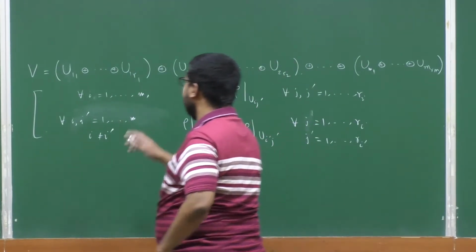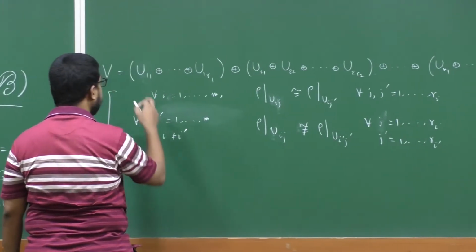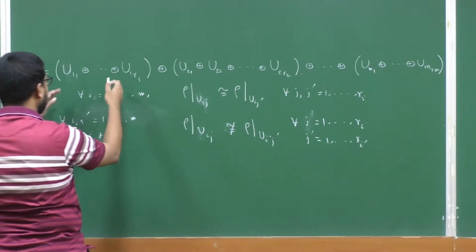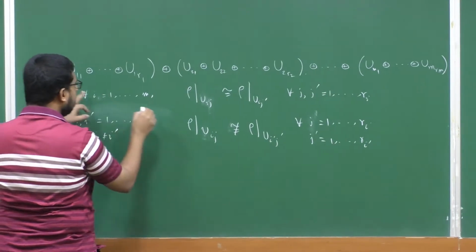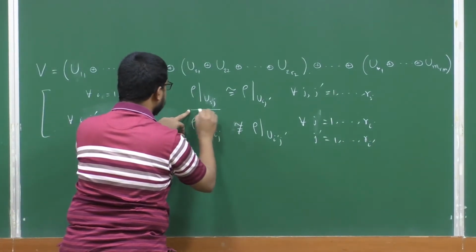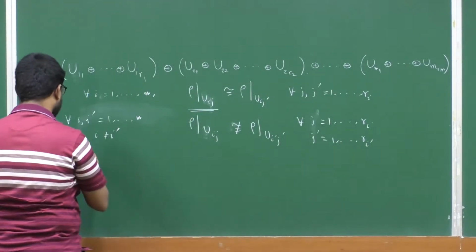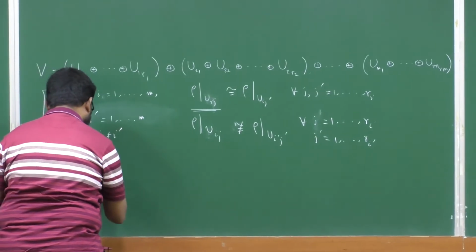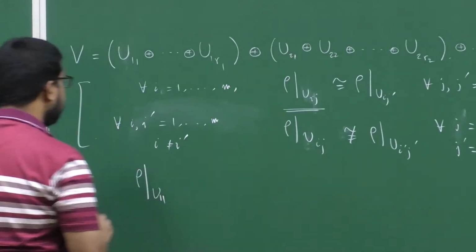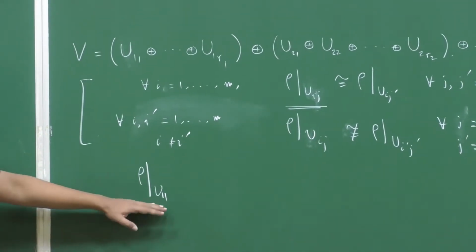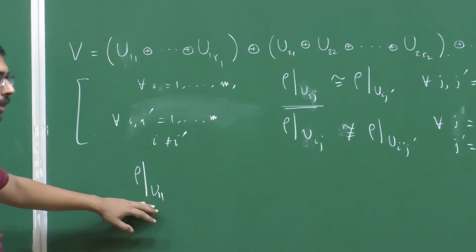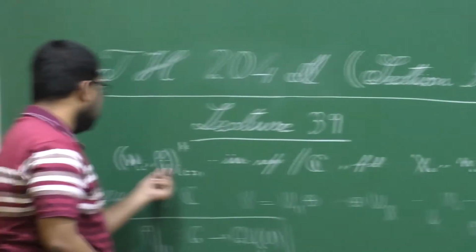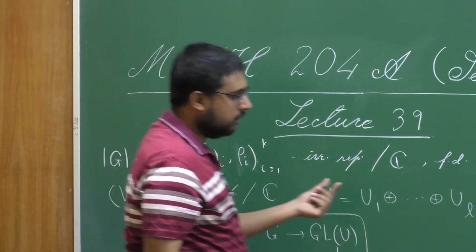Then, further relabeling, we may assume the following. If you take any subrepresentation here, let us say U_11, this subrepresentation is irreducible, so it will be isomorphic to some of these rho_i's.